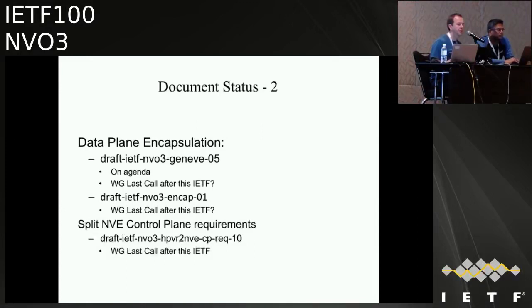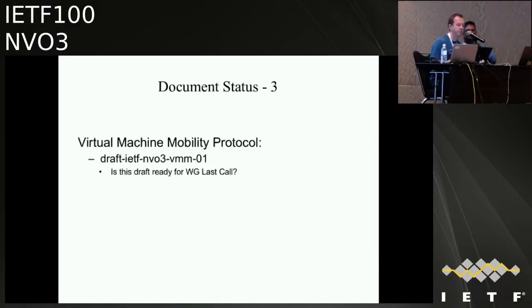There's been some progress on the NVE control plane requirements in a few areas. For example, the hypervisor to NVE control plane requirements document needs to be last called after this IETF. One draft we've had sitting in the working group for a very long time: there was a lot of interest in virtual machine mobility early on in the life of the working group.